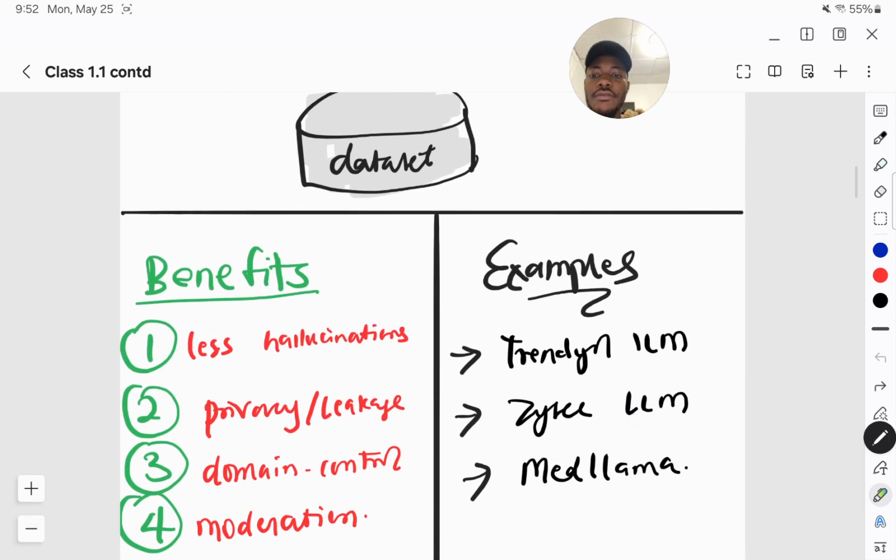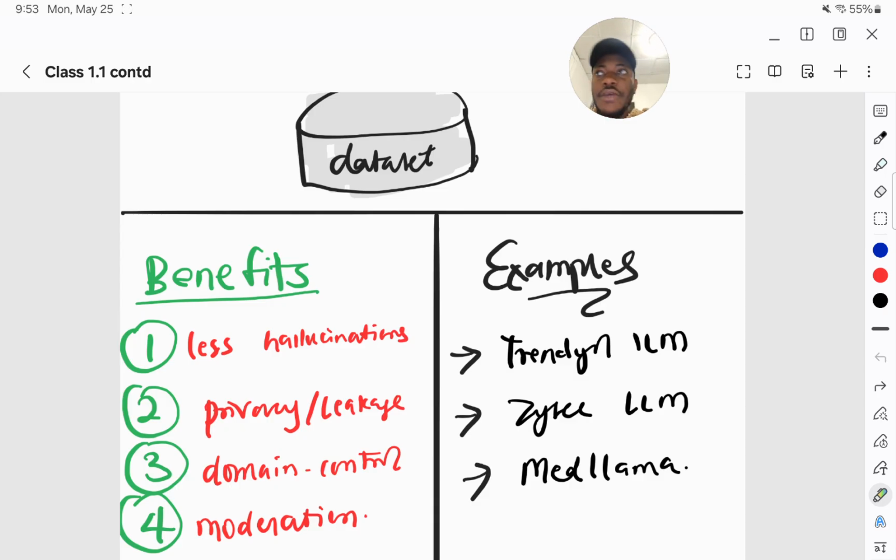So what are the benefits of a fine-tuned large language model? Number one, it helps reduce hallucinations. What is hallucination? Hallucination is essentially when a model is generating coherent responses, but they are factually wrong, right?